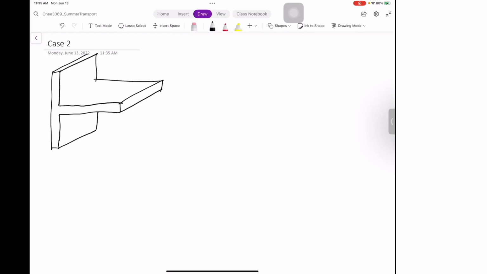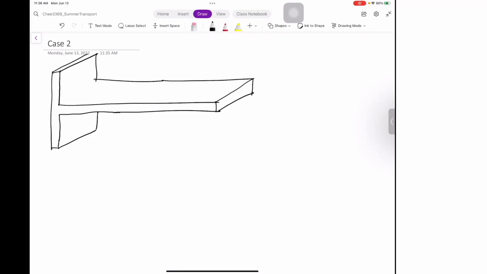But we're going to have an infinitely long fin. Actually, I didn't need to extend this, but just exaggerate it schematically. L goes to infinity.